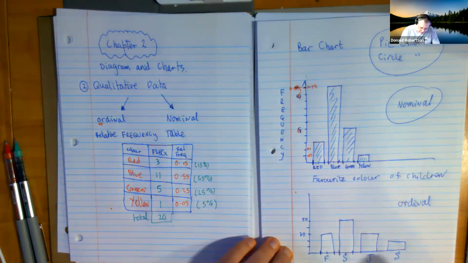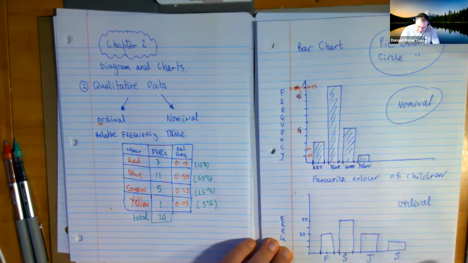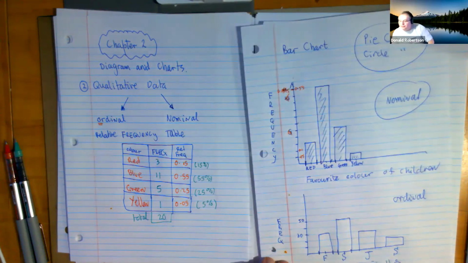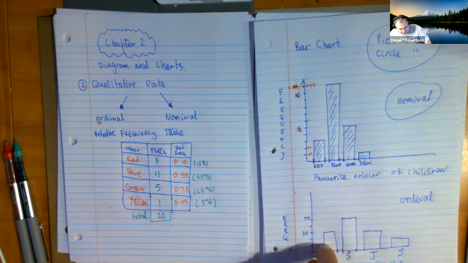So this would be frequency. Position in high school. I'm not sure if that's the right way to phrase it, but you know what I'm trying to say. That's what ordinal looks like. The only difference, you must put them in order because that's a sensible thing to do.